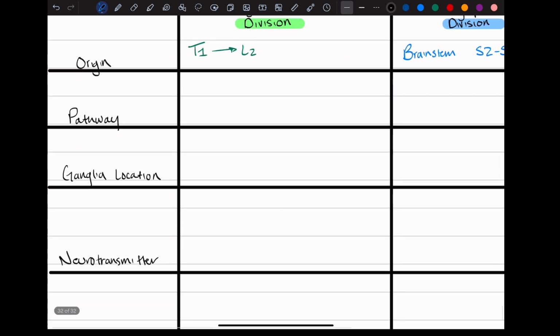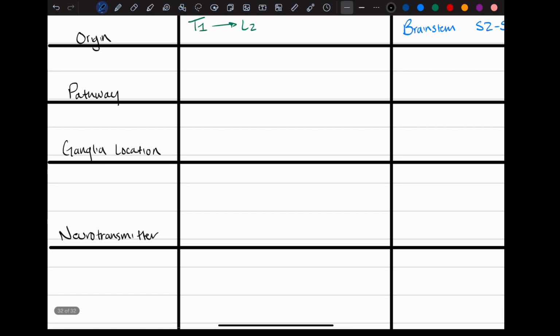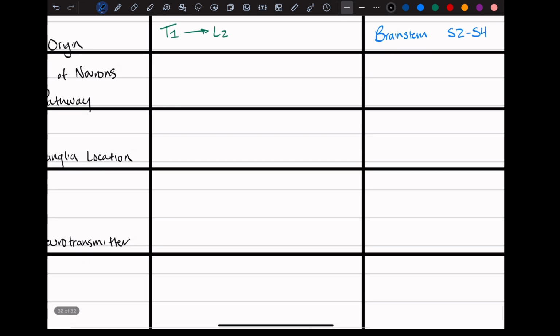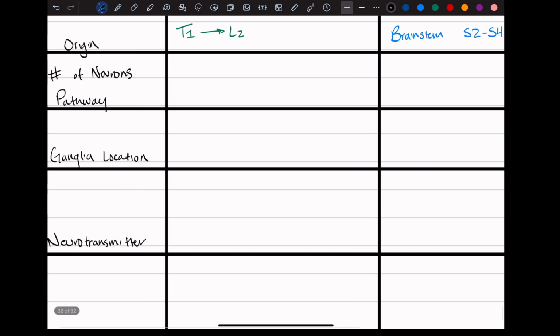Okay, next let's talk about the number of neurons in these pathways. Our sympathetic division and our parasympathetic division is what we're going to call a 2-neuron chain or pathway.